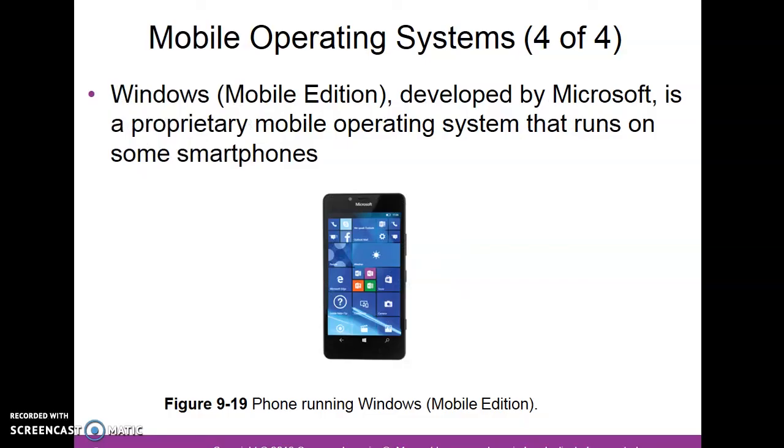Then Windows Mobile Editions were developed by Microsoft, a proprietary mobile operating system which runs on some smartphones. They have plenty of unique features that you can read in your textbook on page 925.